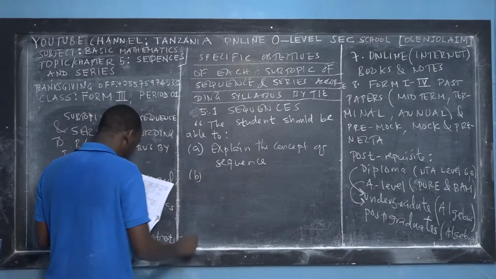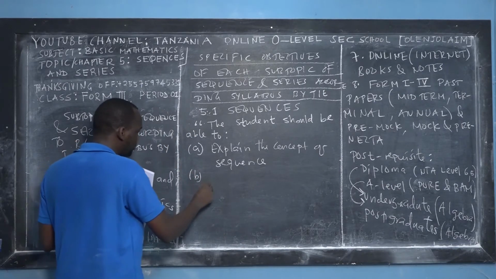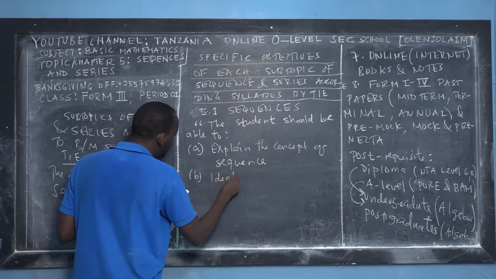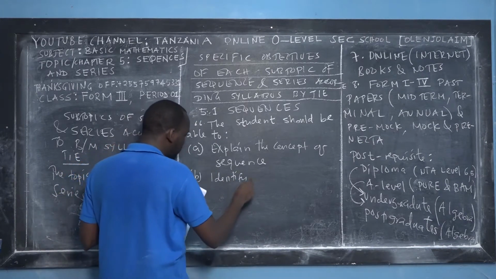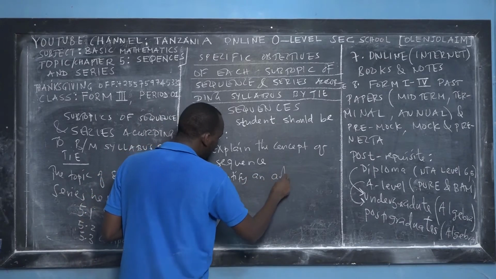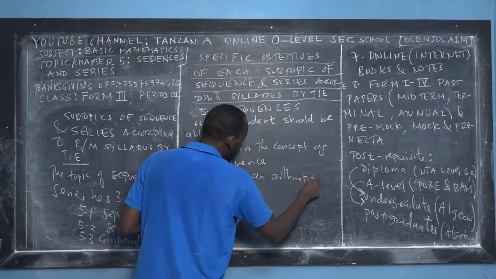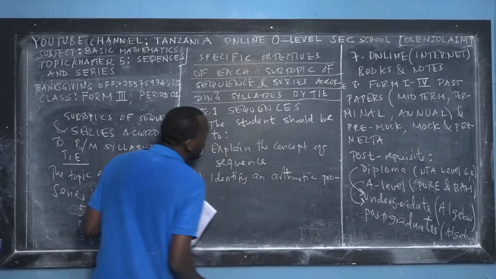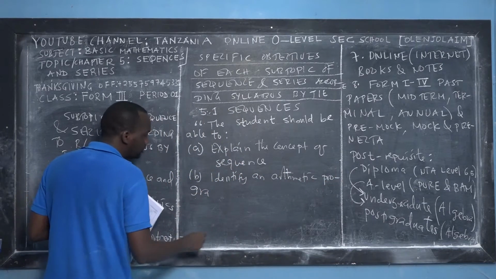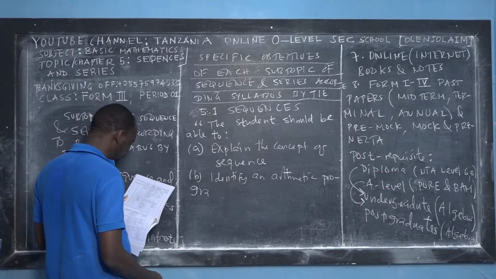Then part B, the second specific objective: the student should be able to identify an arithmetic progression, which I will teach you. I have to make sure you achieve all of these specific objectives at the end of this topic.